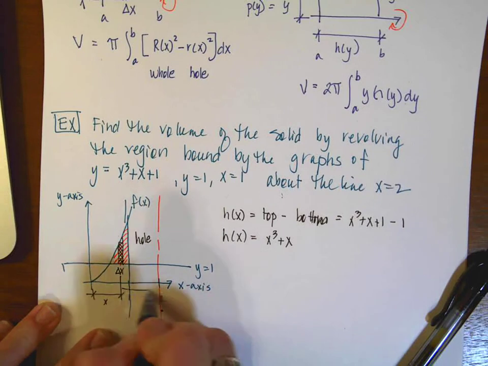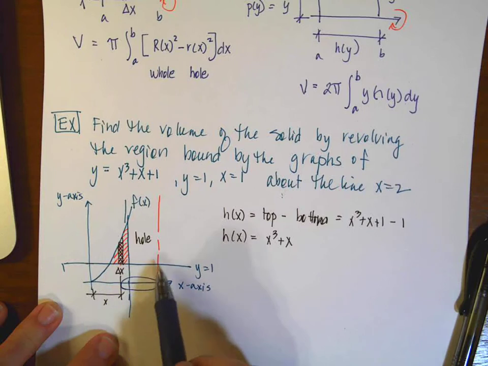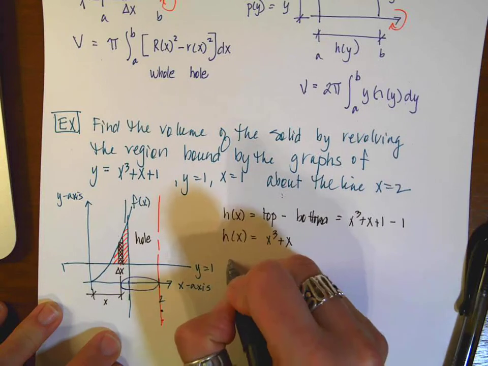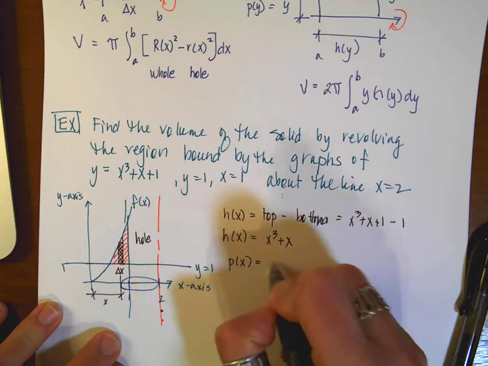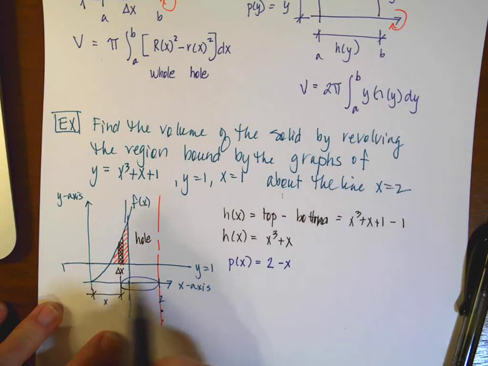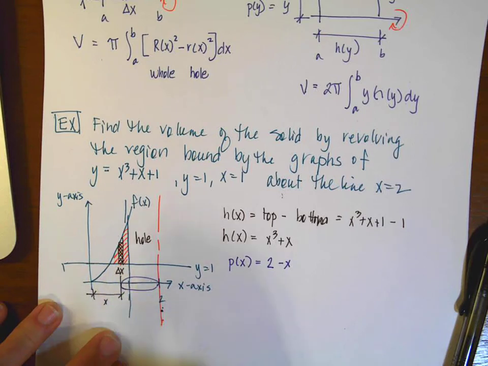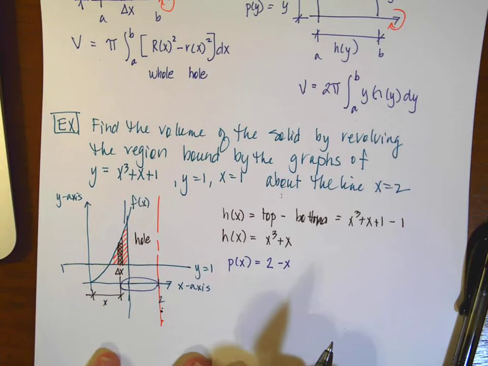If I want to find this distance, so the distance from the rectangle to the axis of revolution, then P of x is going to equal the axis minus x, and then that would give me this distance in here. Okay, so it is the distance to the axis minus this distance, and then that would give me the distance from the rectangle to the axis of revolution. Okay.